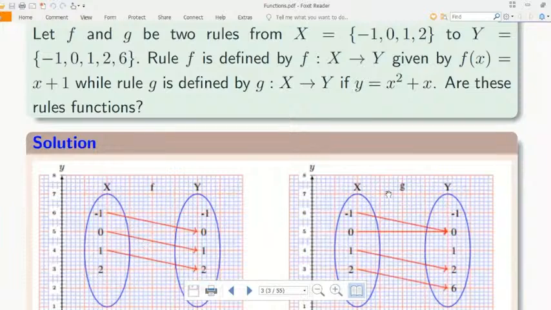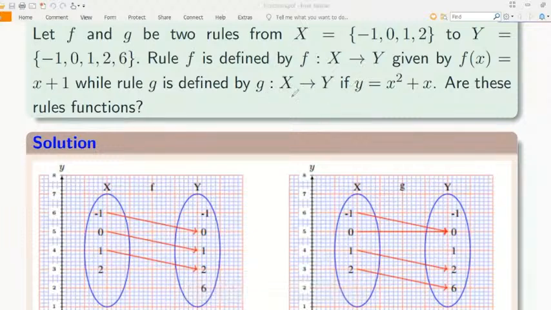Now let's look at G. We want to see whether G is a function. What's the definition of G? We are told that G is defined by y is x squared plus x.